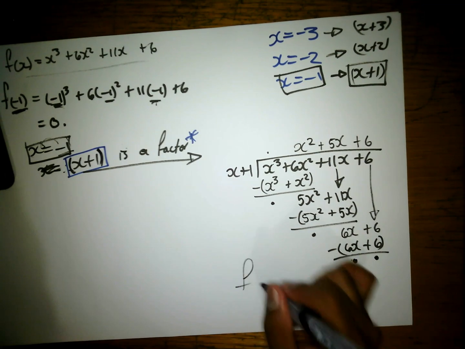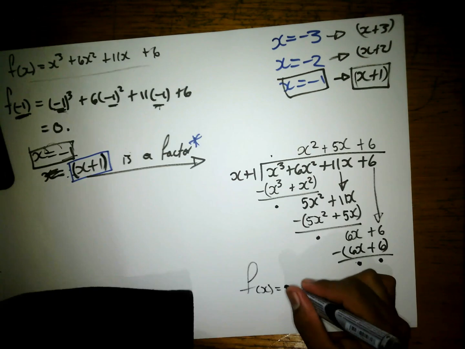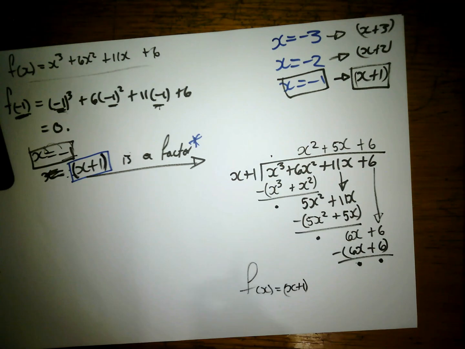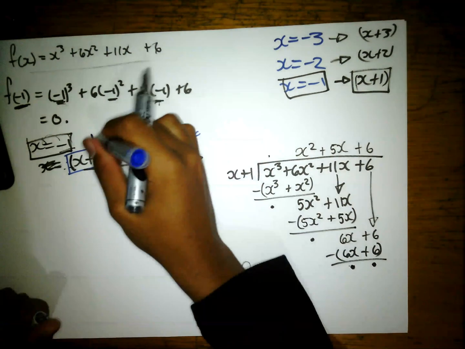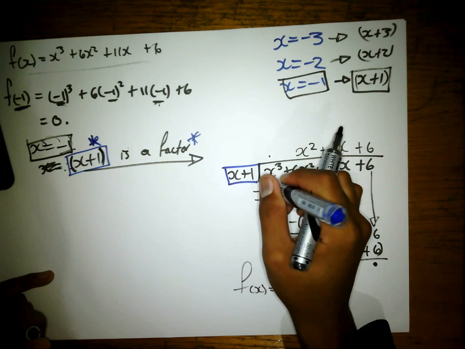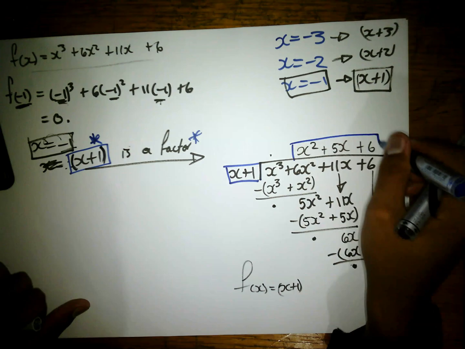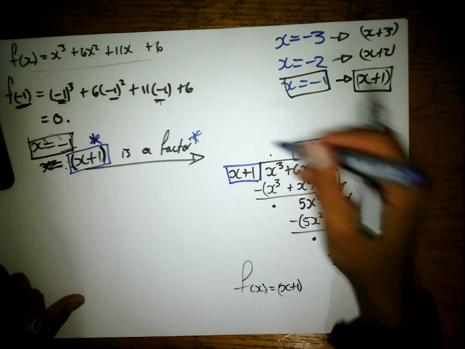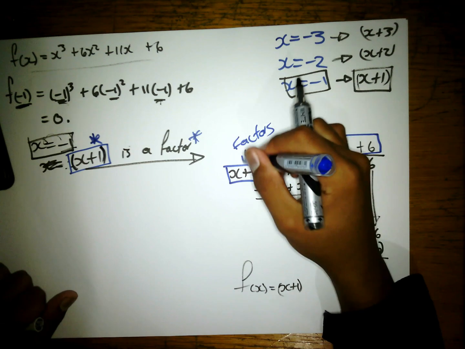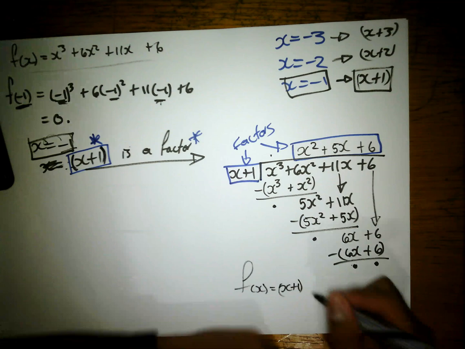What we have is f of x equals x plus 1. We get our x plus 1 from our factor over there, and then this is also our factor. These are our factors, but we just have to simplify and factorize this to get it.